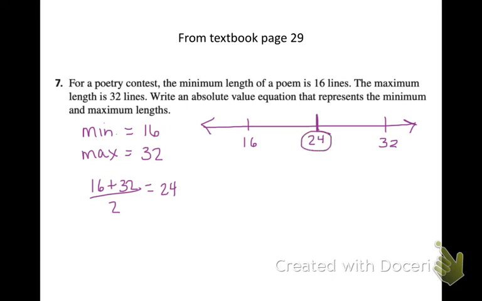24 plays a really important part in writing this absolute value equation, because our absolute value equation will look like this. We will have x minus, and then we have our halfway point here.